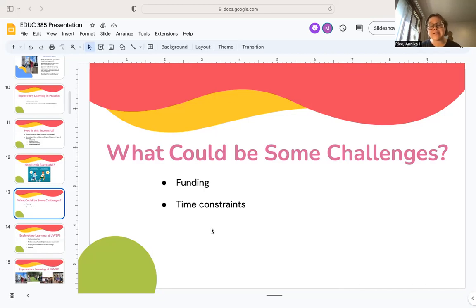So that could be a potential restriction. There's required curriculum mandated by state, maybe school districts that teachers have to get through. So that could be a challenge as well.